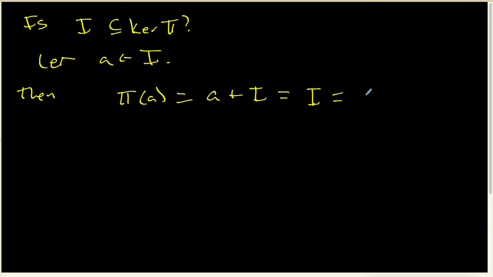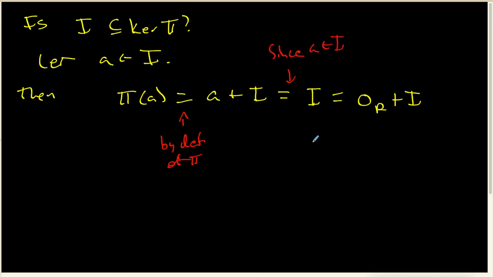And I, of course, is equal to 0 plus I. And let me get my reasons written here. This equal sign is by the definition of our map pi, and this is since a belongs to I, and this is since 0 belongs to I. 0 belongs to every subring, and any ideal is a subring, so 0 belongs to I.